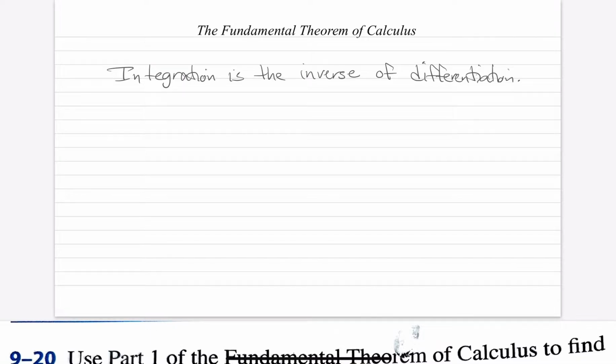The fundamental theorem of calculus has two parts. Let me talk about part one.